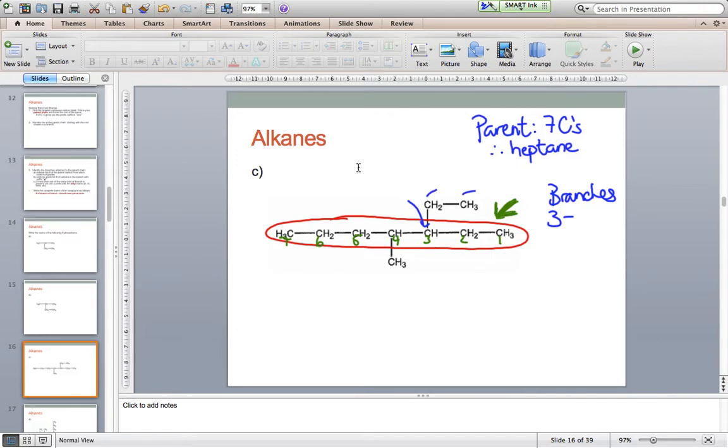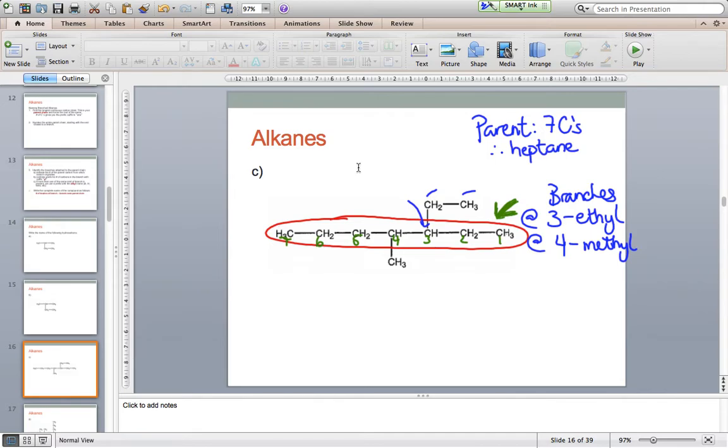And so the prefix for 2 carbons is eth, and the suffix for a branch is yl. 3-ethyl. So 1 branch at 3. And then my second branch is at number 4. And we've seen this branch before, 1 carbon in it, so that's going to be methyl.